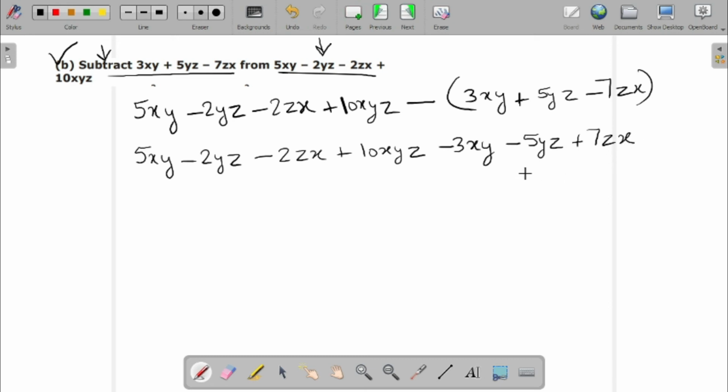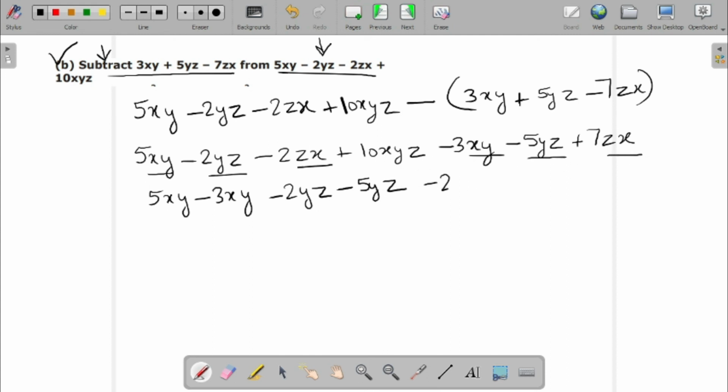Then after that, simple, we collect the like terms. Now see xy, any term of xy, this is xy. So we write here 5xy minus 3xy. Now yz, any term of yz, this is also yz. So we write minus 2yz minus 5yz. Then zx, any term of zx, this is zx. So we write minus 2zx plus 7zx.